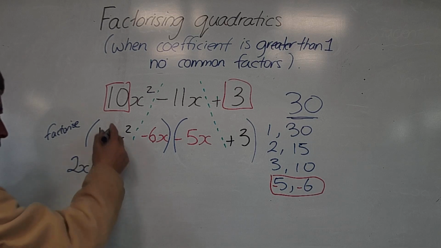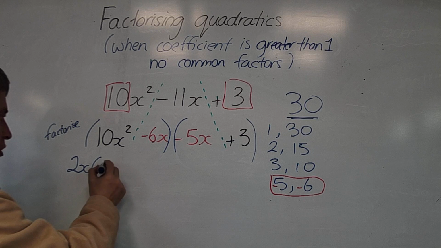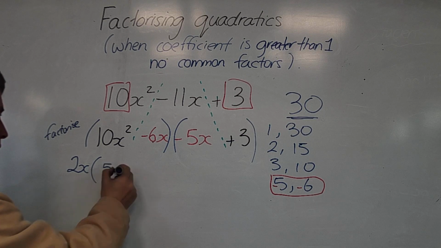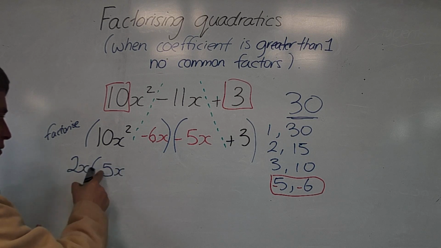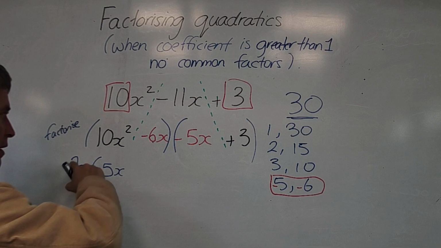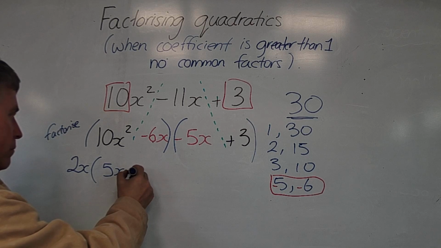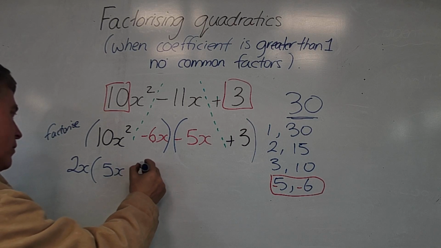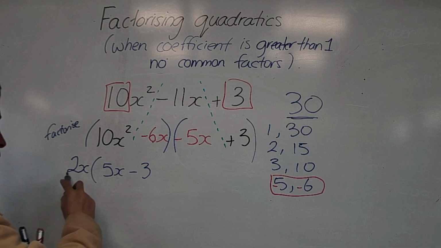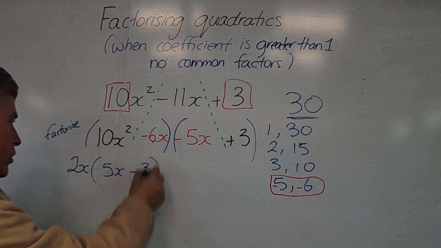So 2x. 2 times 5 and an x should give us 10x squared. Then 2 times 3. So if I go minus 3 there, is that going to work? 2 times minus 3 is minus 6x. Yeah, that should work.